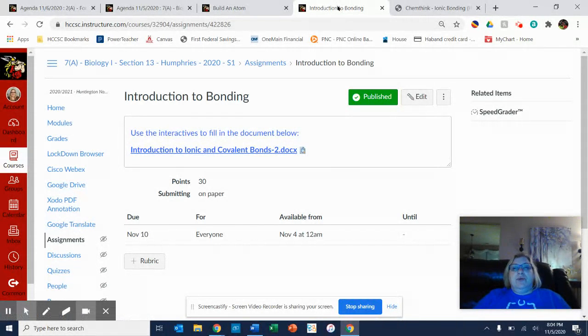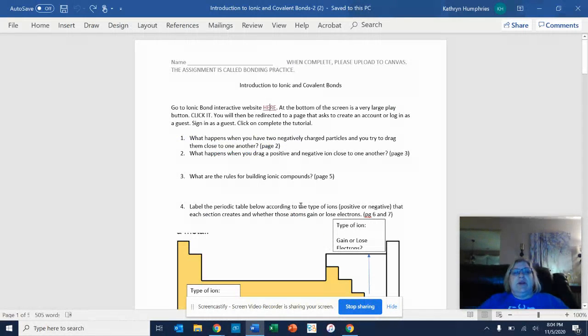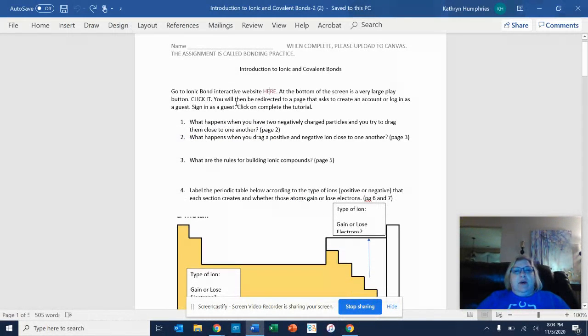So when you go to do this handout here, you open it, and it looks like this. Introduction to ionic and covalent bonding. Ionic is the give and take. Covalent is the sharing. So you go and you click right here on this little blue link that says here. It's blue for you. I've already clicked it, so that's why it's purple.